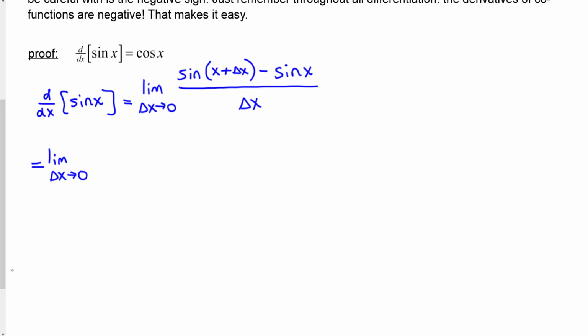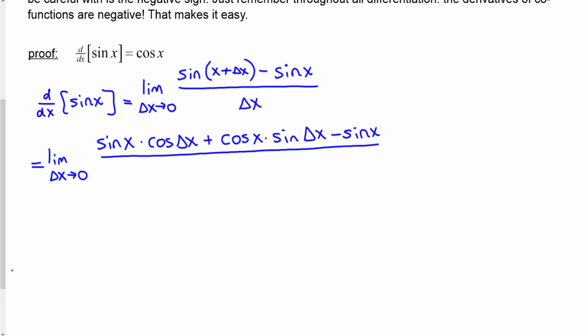The sine of x plus delta x will be the sine of the first angle times the cosine of the second angle, plus the cosine of the first angle times the sine of the second, and then minus sine x, all over delta x.